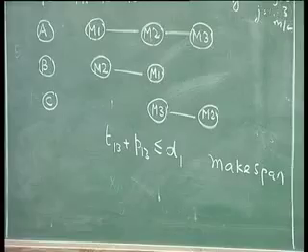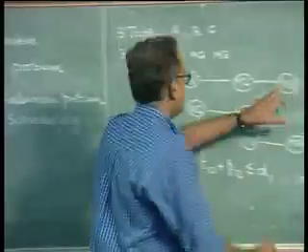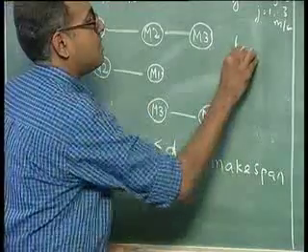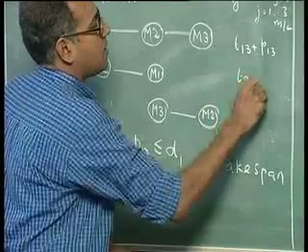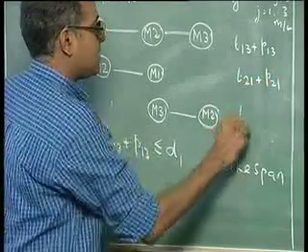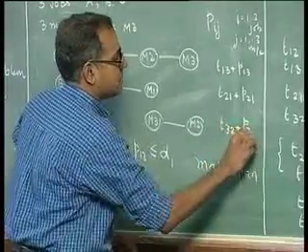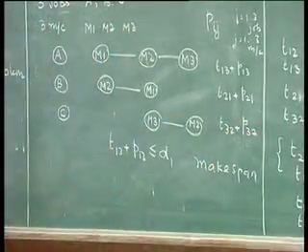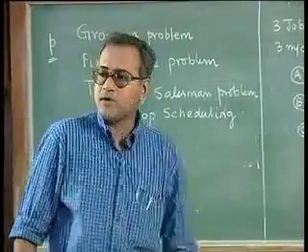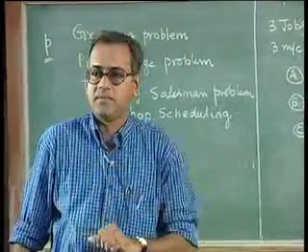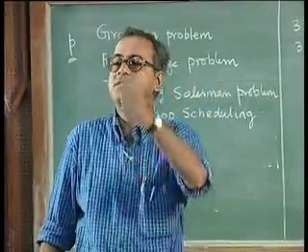Now I have to minimize the makespan. So I have the 3 completion times. For this the completion time will be T13 plus P13, this will be T21 plus P21, this will be T32 plus P32. These are the completion times of the 3 jobs A, B, C respectively. Now what do I want to do? I want to minimize the makespan, which means I am minimizing the maximum of the 3 numbers.